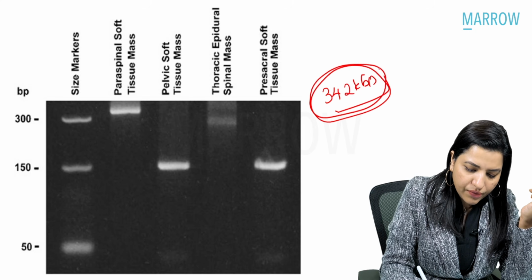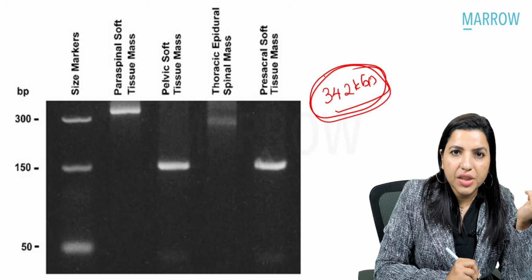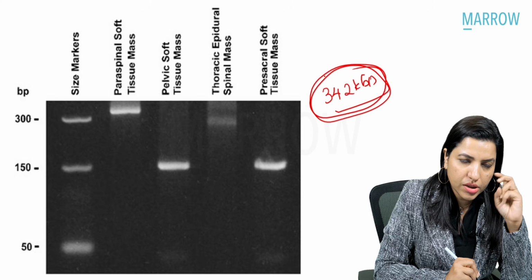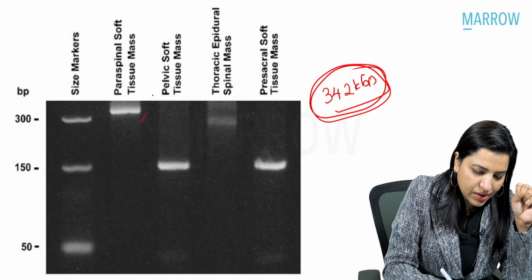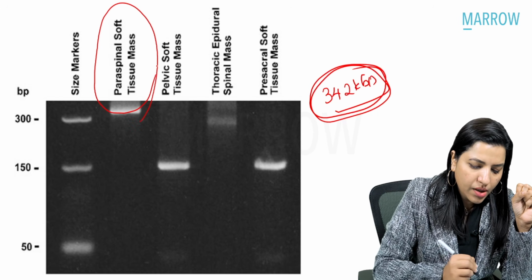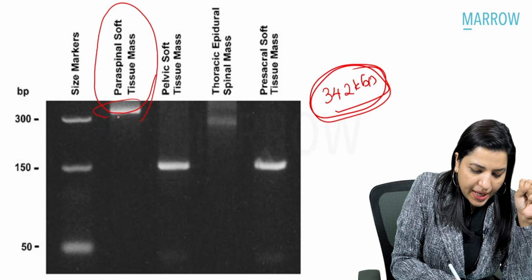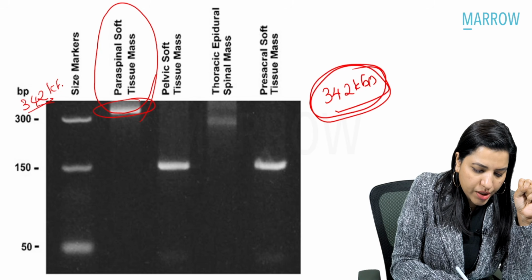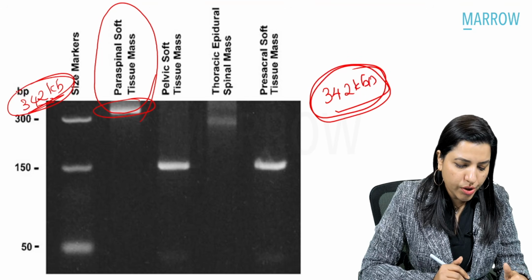So if we can find a 342 base pair band, then it means that these two exon regions have fused. This is the RT-PCR of a paraspinal soft tissue mass, where we can see a band that almost corresponds to 342 base pairs. So if we get a fusion protein, then it will produce this band.